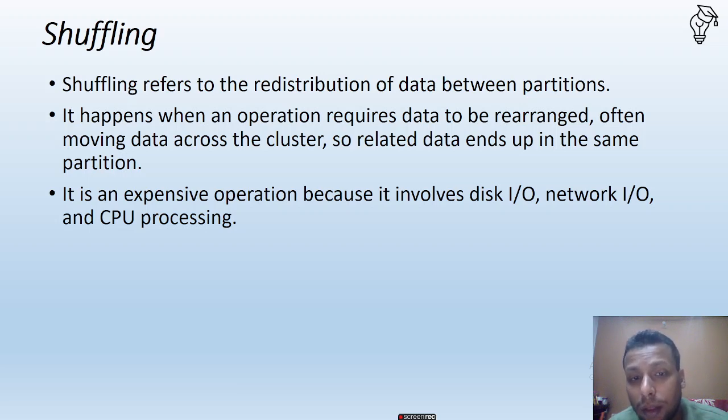So it is an expensive operation, and due to shuffling our performance has issues and the query becomes slow, especially one with a lot of group by aggregations. So for performance optimization, basically, how can we stop the shuffling and how can we control shuffle operations?